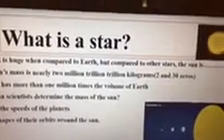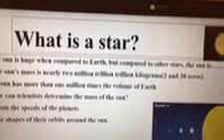What is a star? All of you look here at the picture. Did you know that the sun is a huge star? The sun is the center of the solar system. All the planets move around the sun.